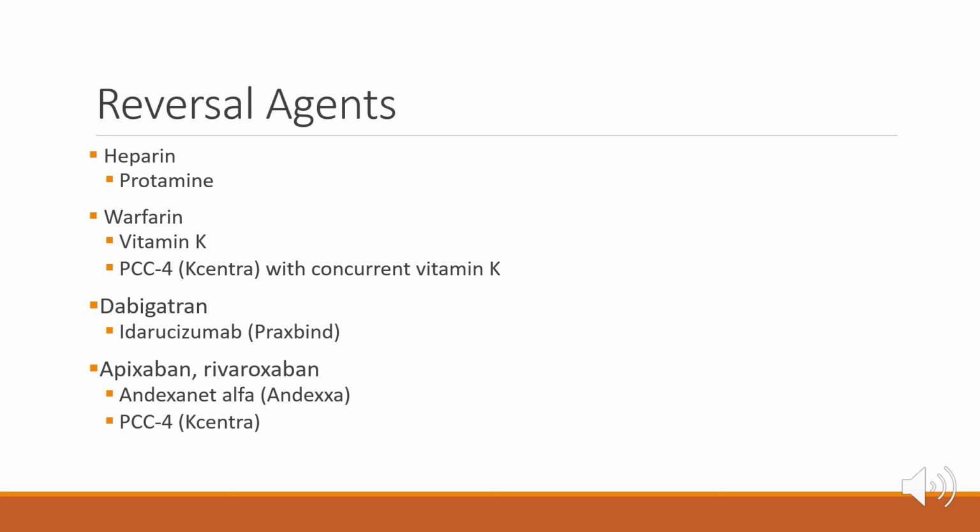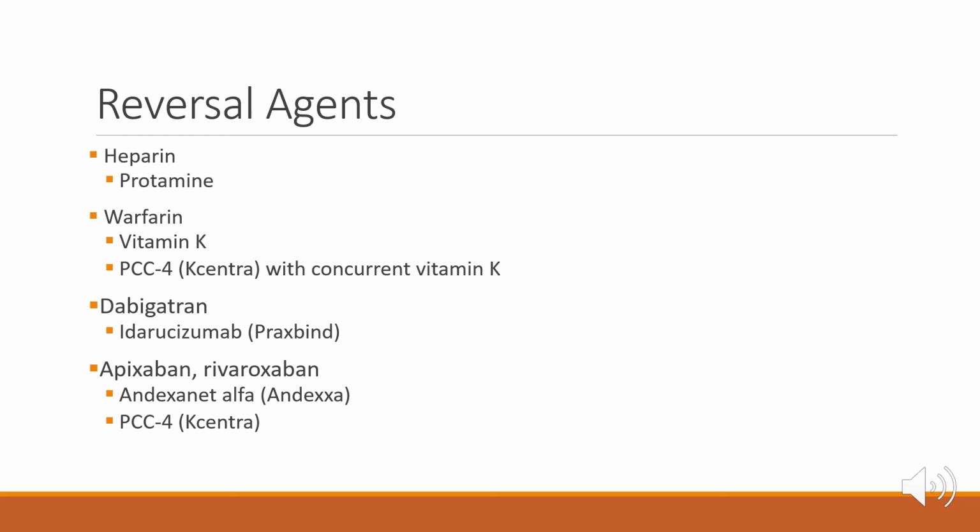Praxbind, which is a monoclonal antibody fragment, can be used to reverse dabigatran specifically. And then for our factor Xa inhibitors, apixaban, rivaroxaban, and edoxaban, we historically could only use Kcentra, which did not actually target these medications, but it was our only option at the time. But now we have Andexxa, which directly binds to these medications specifically and stops their activity.